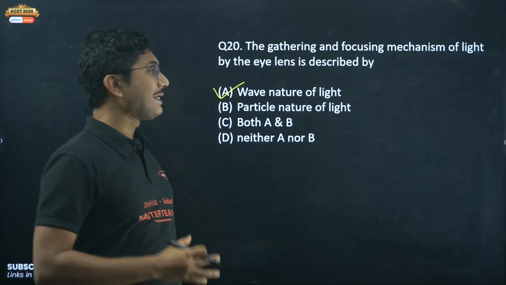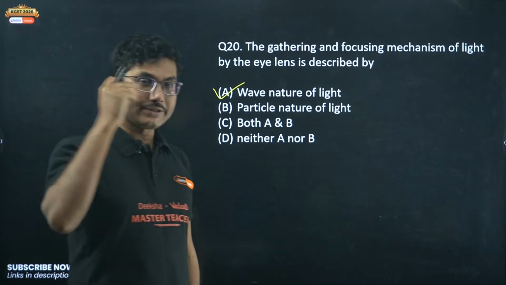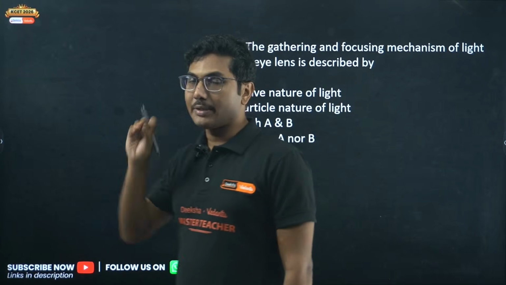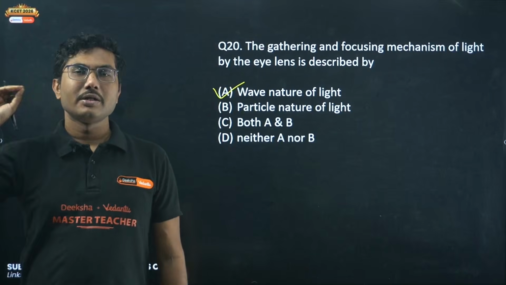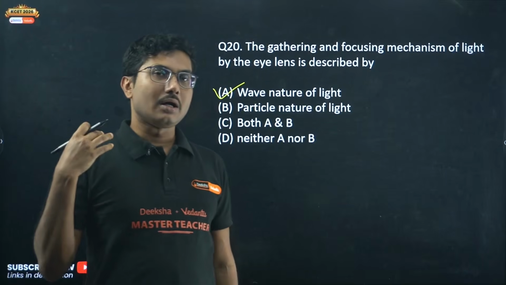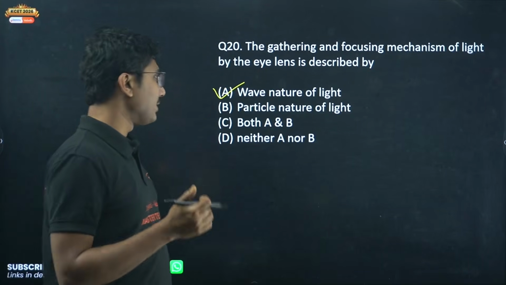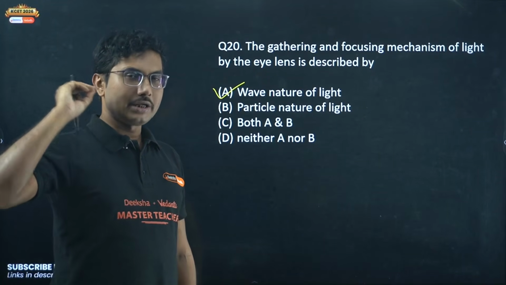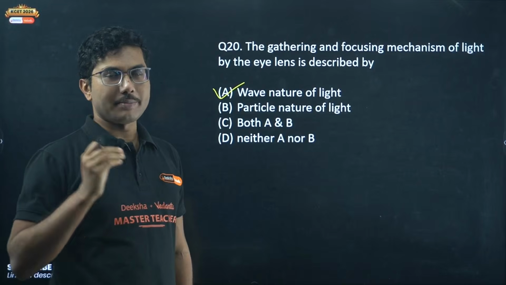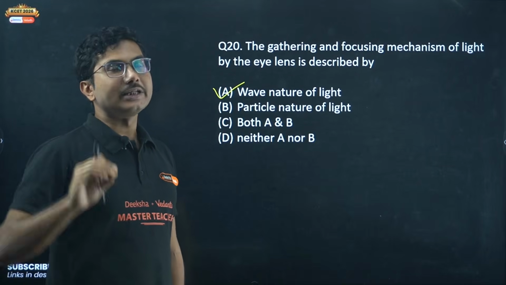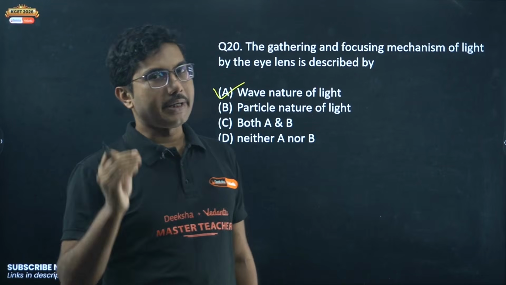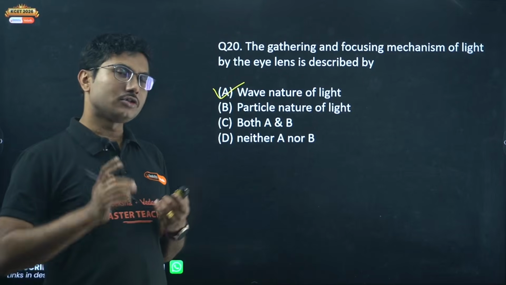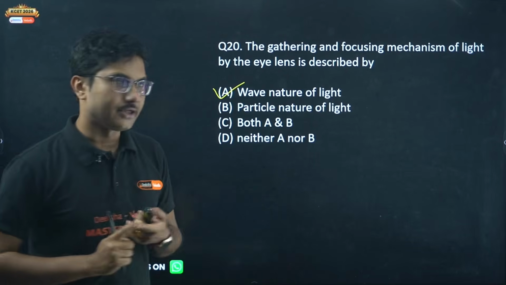Gathering by our iris and focusing onto the retina happens by the wave principle, and from the retina till our brain the process is basically the particle nature of light. Remember this. The retina absorbs particle by particle and then sends it to the brain particle by particle, but the overall principle of the eye involves both particle and wave nature.